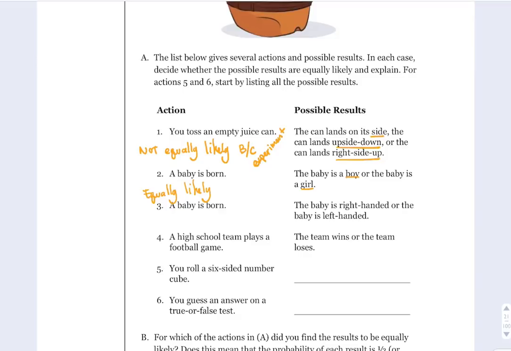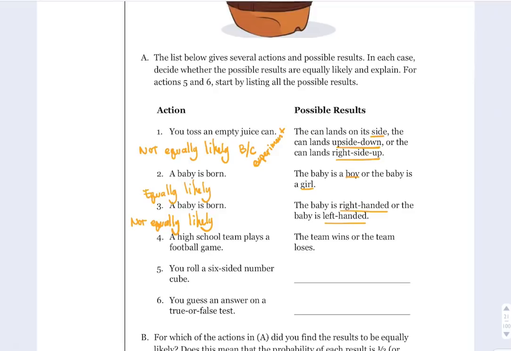Okay. A baby being born, and there is a right-handed baby or a left-handed baby. This one is not equally likely. As a class, what we would do is identify the number of people who are left-handed and people who are right-handed.